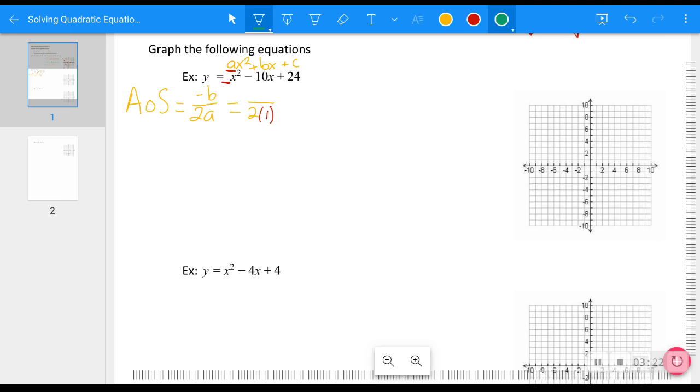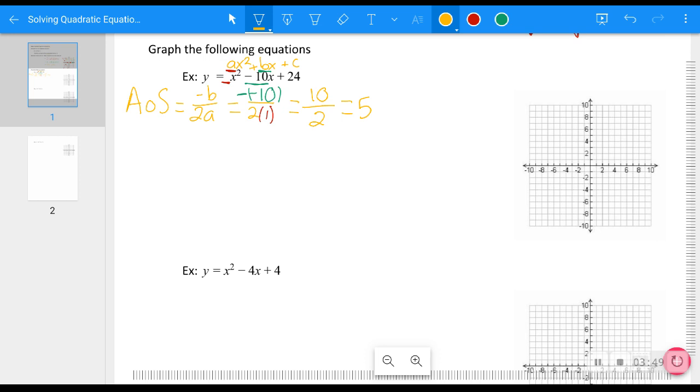And our b value is the number out in front of just the x. So here we have negative 10. You have to be careful that you remember that negative goes with it. So we have negative b. Then the top will have a negative 10, which turns into positive 10, over 2 times 1, which is 2, and 10 divided by 2 equals 5.